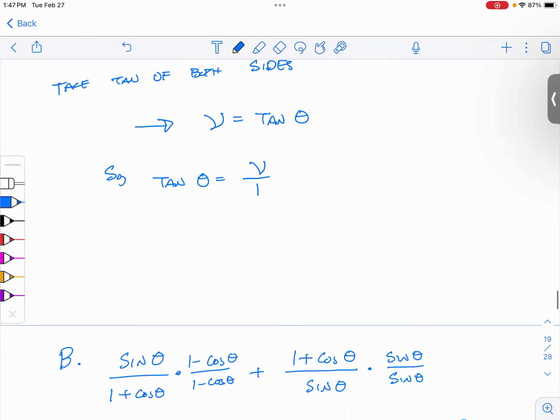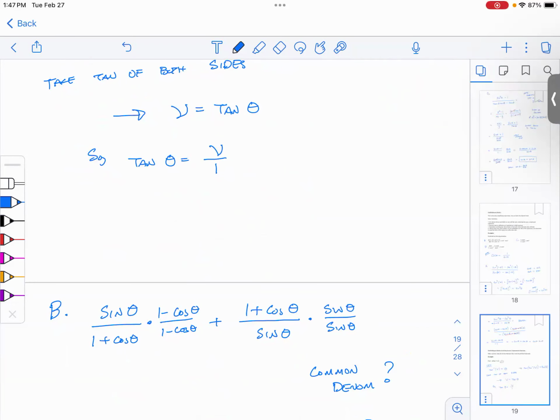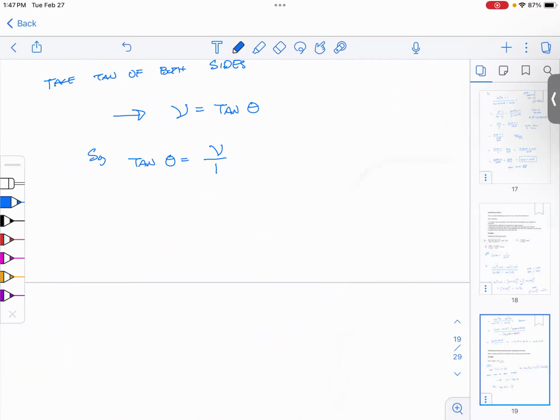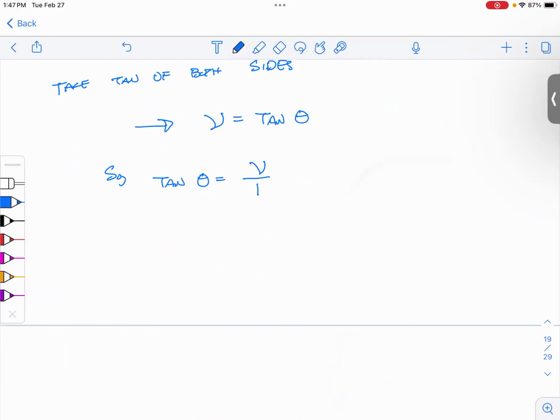Once I have the trigonometric function equals opposite over adjacent, just like we did in the beginning, what should we always do? What do trigonometric functions relate directly to?